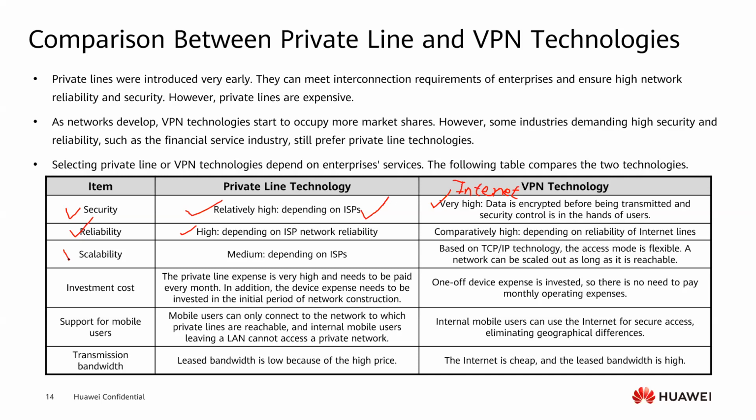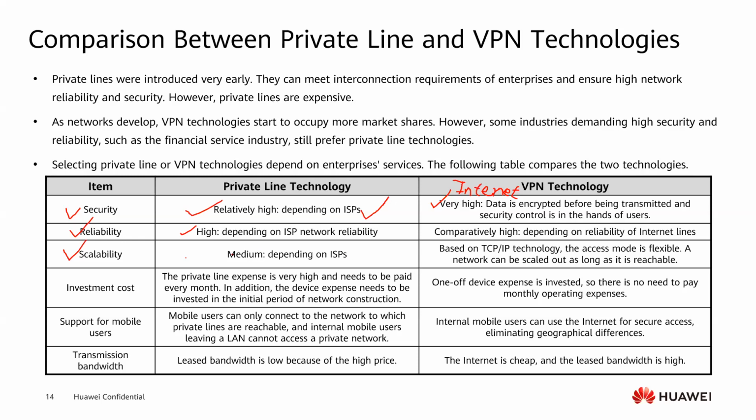Another is scalability. For the private line, if the ISP wants to create a new private line, it takes quite a long time, right? You need to plan, you need to do the configuration, you need to put the devices at the customer, and create the connection. So it all depends on whether the ISP has deployed enough access points or not.